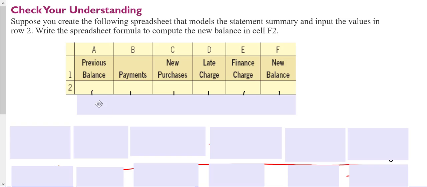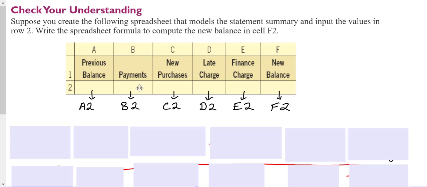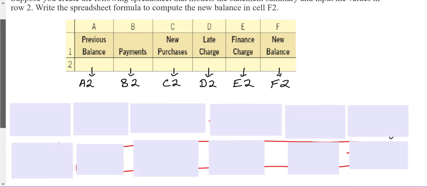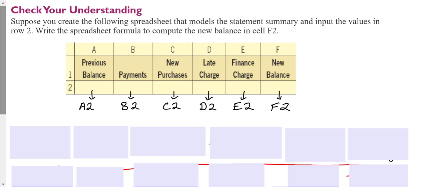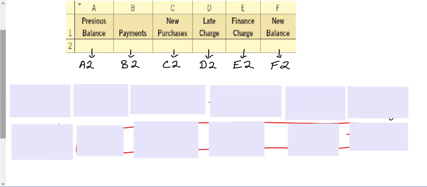So remember, these cell names are A2, B2, C2, D2, E2, and F2 when we're doing this. And so when we look at this, remember, our previous balance, we're going to subtract the payments, add new purchases, add the late charge, add the finance charge, and that would equal the new balance.